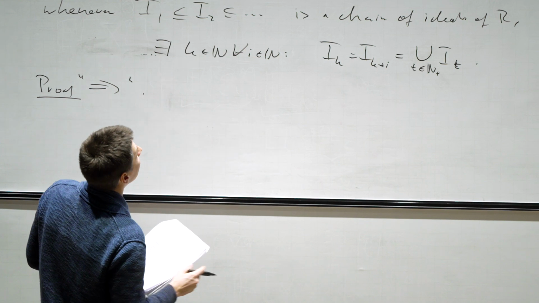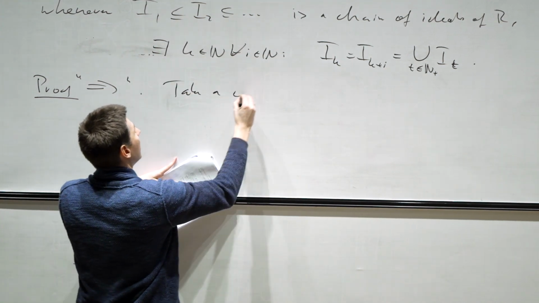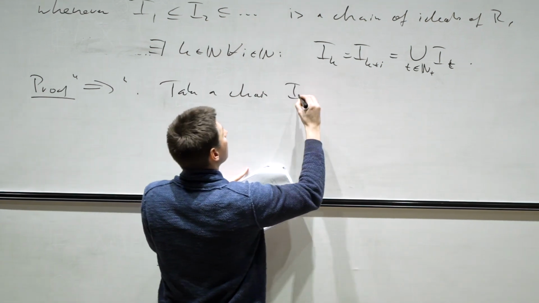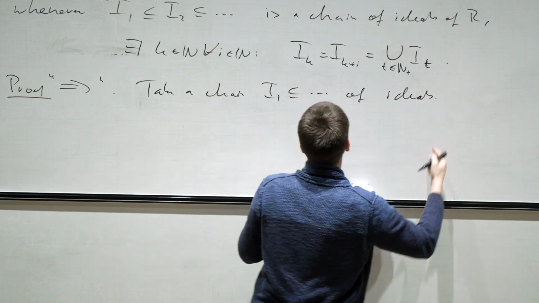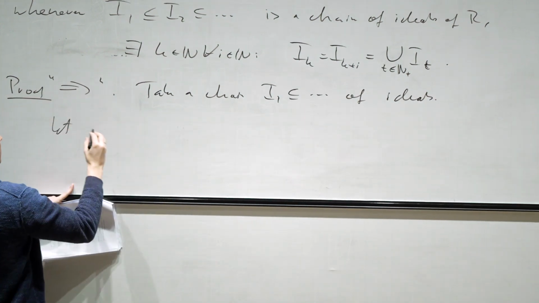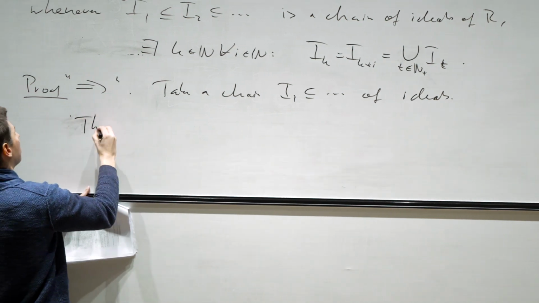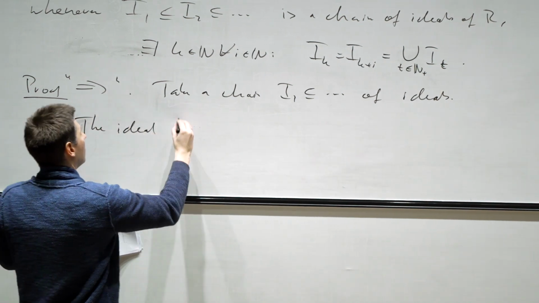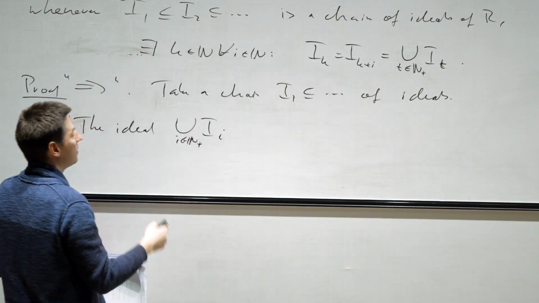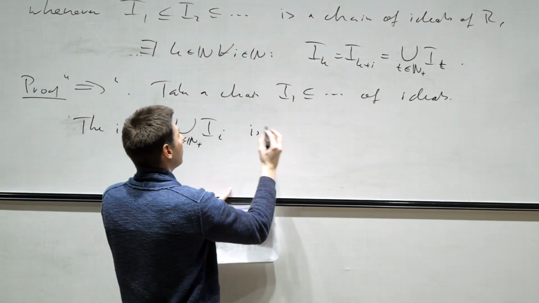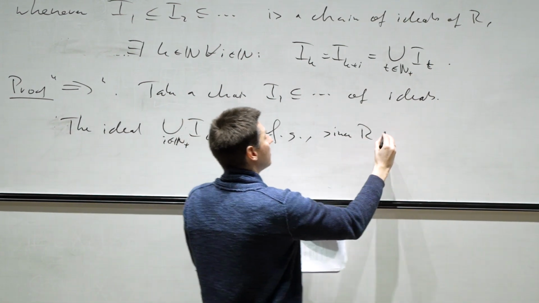So take a chain of ideals, and consider the ideal which is the union of all of those. You have to check that this is really an ideal, but this is easy. This ideal is finitely generated since R is noetherian.